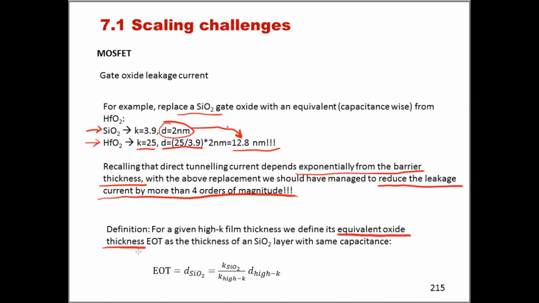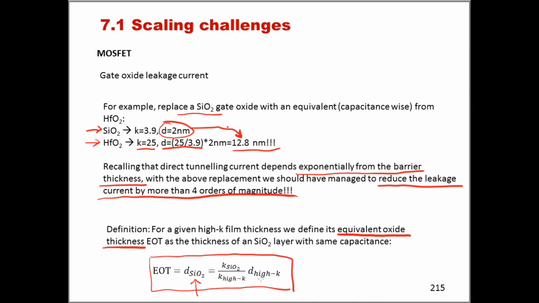Given a high-K dielectric film, we will call equivalent oxide thickness of that high-K material the thickness of the silicon dioxide layer that has the same capacitance. So effectively it relates to what we just said, simply looking at it from a different point of view. The equivalent oxide thickness of a high-K material is given by this formula here. It is the thickness of the hypothetical silicon dioxide layer that would have the same capacitance as my high-K film.